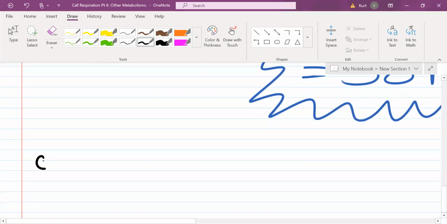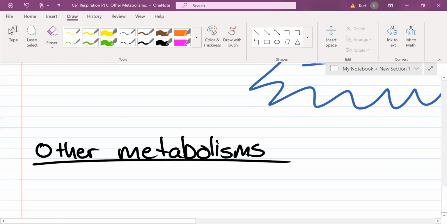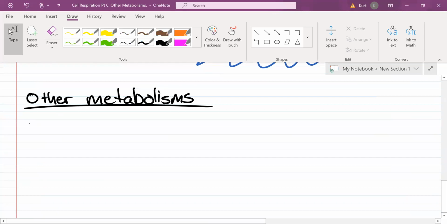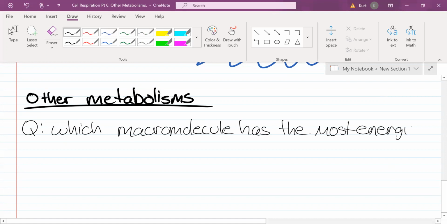So this is going to be other metabolisms. I have a question to start us off. Which macromolecule has the most energy per molecule?